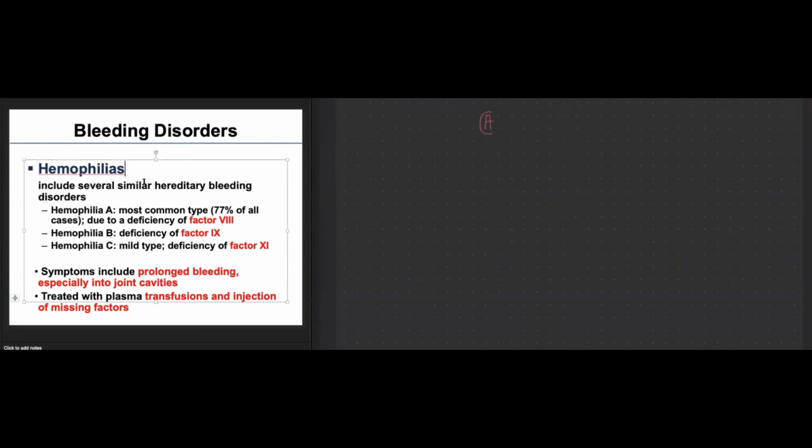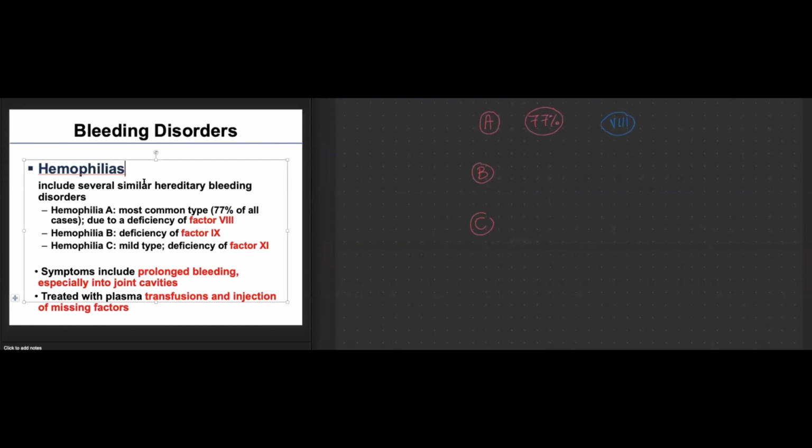The three most common types of hemophilias are going to be hemophilia type A, B, and C. Hemophilia A is going to be representing 77% of all hemophilia cases. And this is due to deficiency in factor 8.